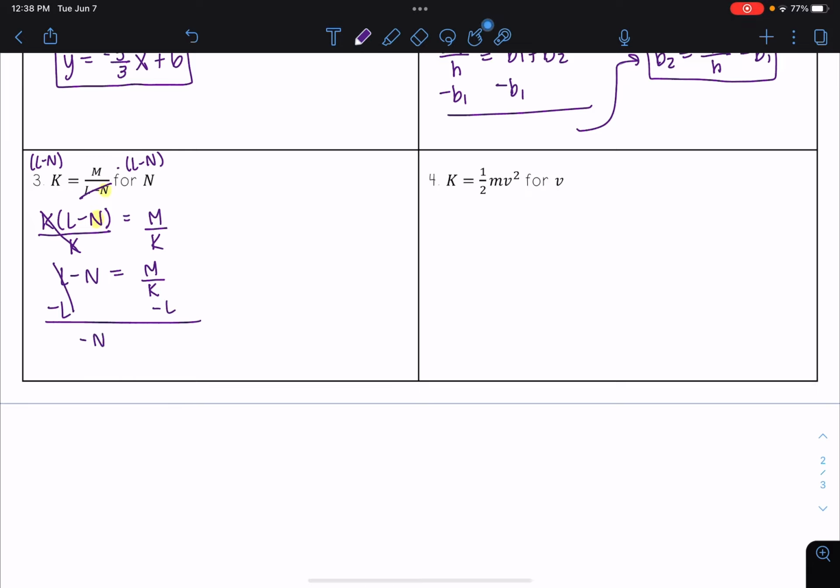And I get negative n is equal to m over k minus L. And now to get rid of that negative in front of my n, I need to divide everything by -1. And so when I do that, I get that n is equal to, these are really just both changing signs, and so I'm just going to write this as L minus m over k.